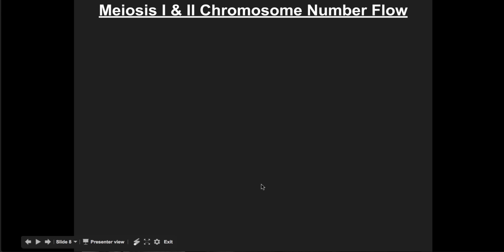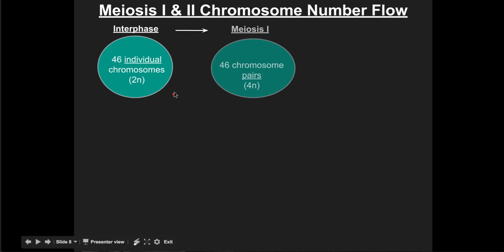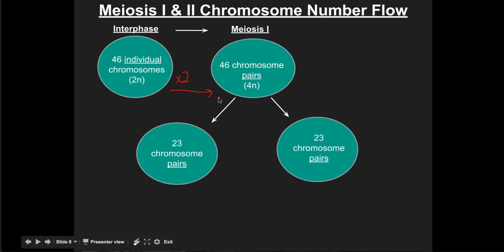In meiosis 1 and 2, we start with the same diploid cell, and then we double our DNA in replication. So we have this 4N thing here, and then we start our cell division. Instead of one round, we're going to end up having 2.